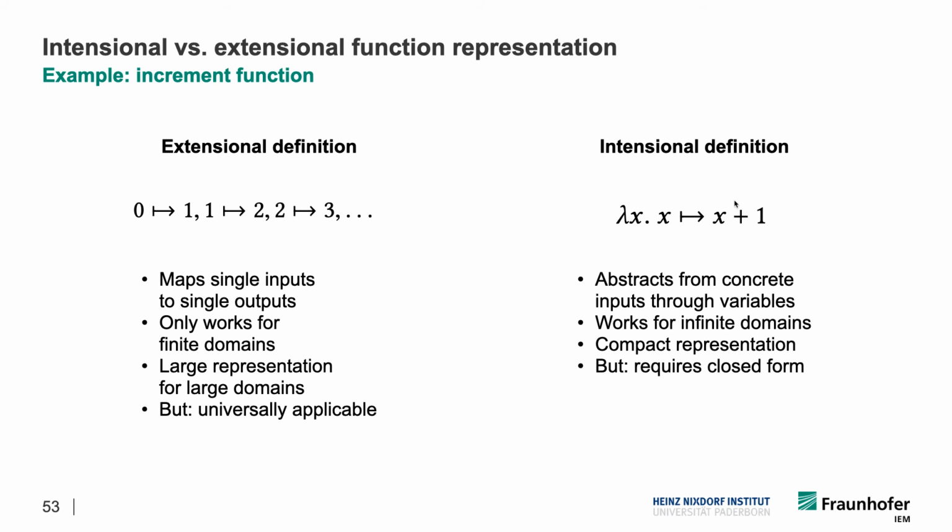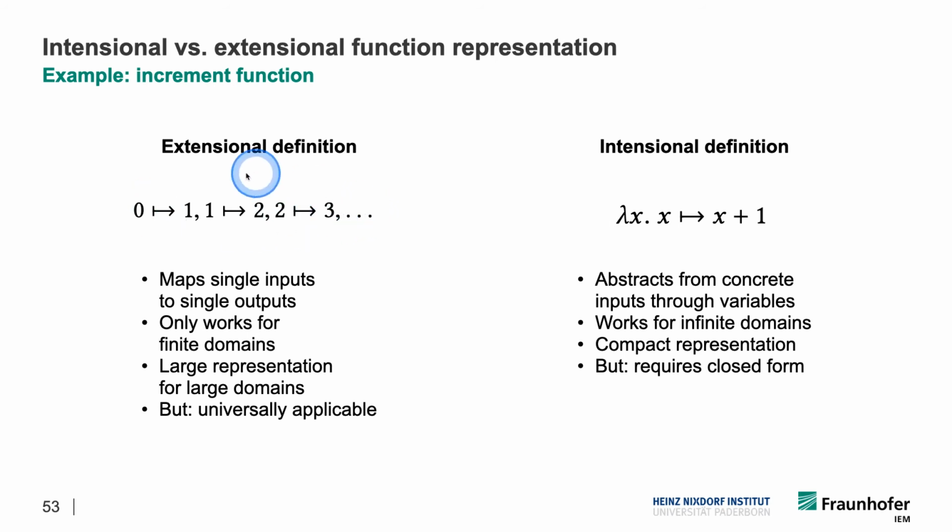I told you that we want to get there with distributive flow functions, but we haven't really seen that yet because in Vasco and also to a large extent in IFDS, we rather have such mappings here, right? So they talk about concrete input values and map these to concrete output values. And this then only works for a finite domain, because otherwise you can immediately see you get an infinite representation here.